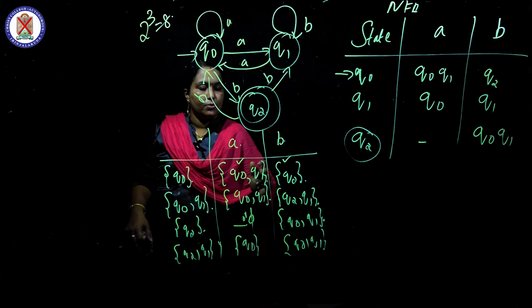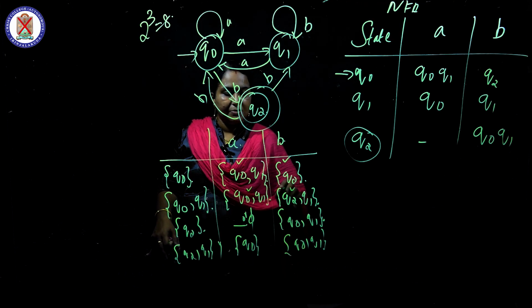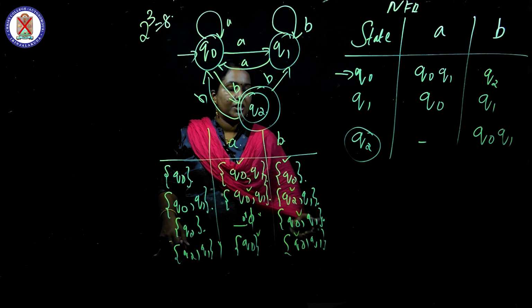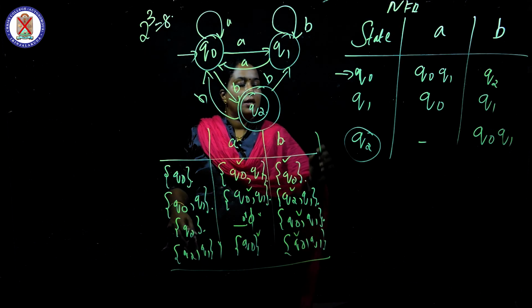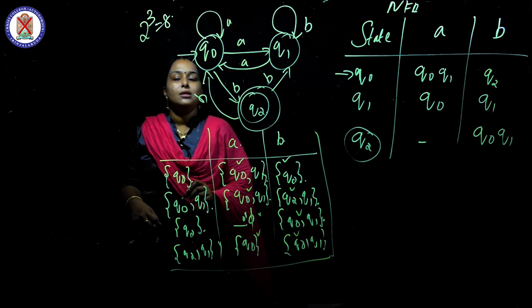Q0, Q1 has been visited and Q0 has been visited, so there are no new states to be visited, and your DFA's transition table stops here.